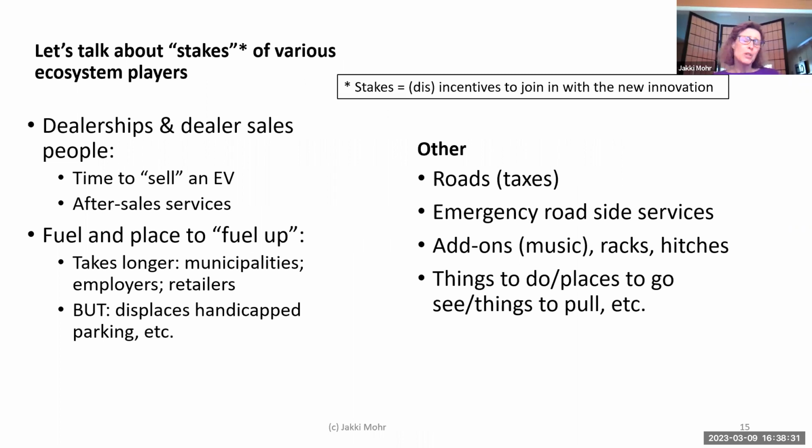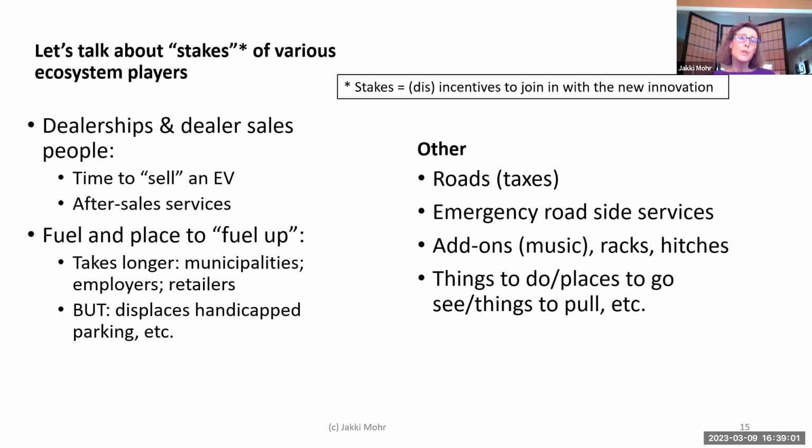And from a customer perspective, it's really hard to compare EVs because you can't drive 5 different brands of EVs in one dealership, given the way the country's dealer franchise laws work. In addition, dealerships have a disincentive because they're not going to make as much money on the oil changes and car servicing that is required. In terms of fueling up, we know that it takes longer for electric vehicles to charge than to just top off your gas tank.